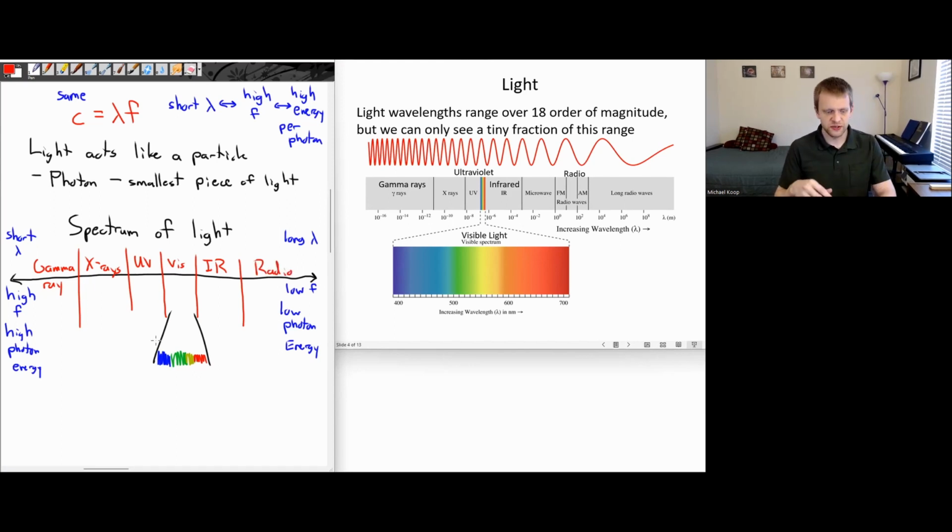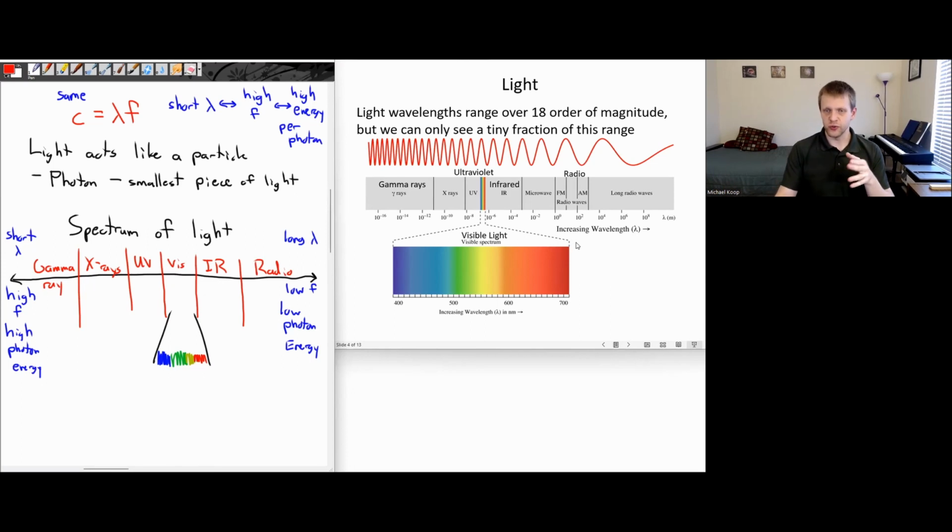So these 6 different parts of the electromagnetic spectrum, gamma rays, X-rays, ultraviolet, visible light, infrared light, and radio waves, we're going to talk about some of their general properties, but I do expect students to know how these are ordered from short wavelength to long wavelength, high frequency to low frequency, sorted based on photon energy. You should be able to sort these and identify which parts of the spectrum go where.